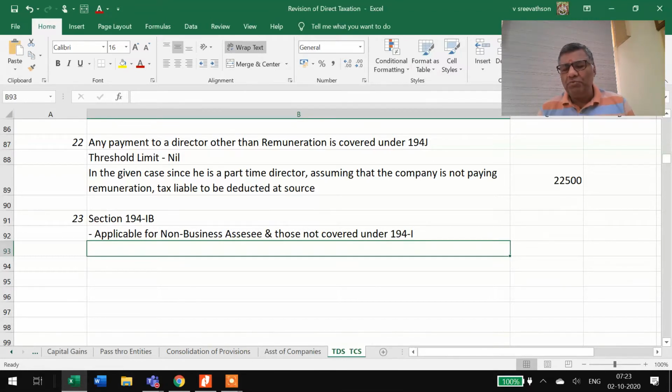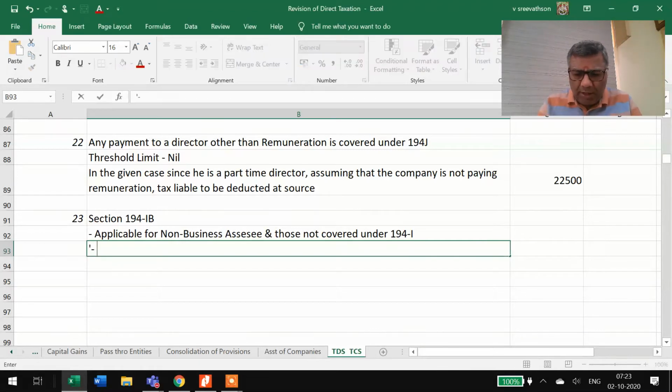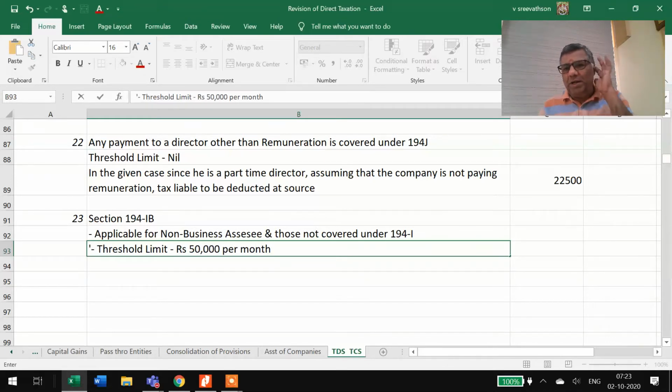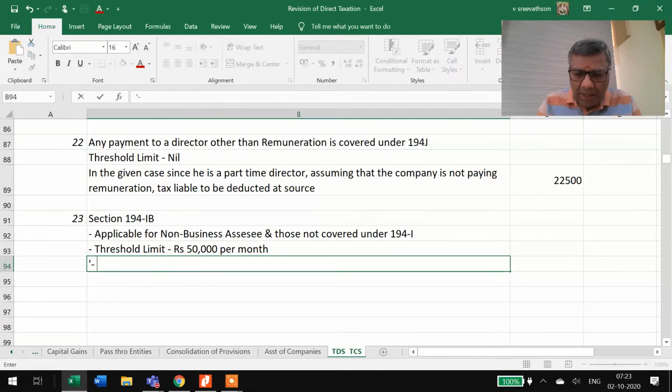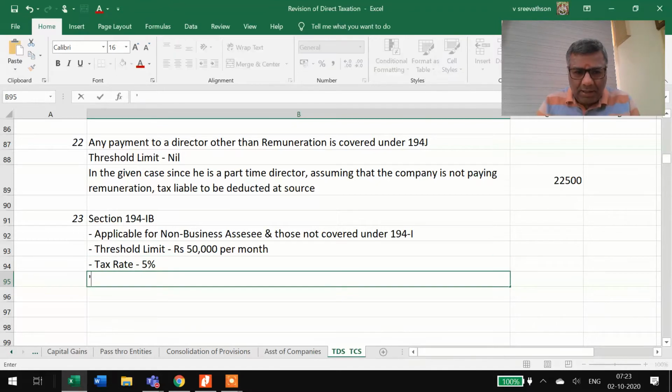Individuals or HUF whose turnover is less than 1 crore, etc. Threshold limit here is interesting, rupees 50,000 per month. It is per month, so you cannot immediately say 6 lakhs per annum. No, I still maintain it is 50,000 per month. Tax rate is 5%.